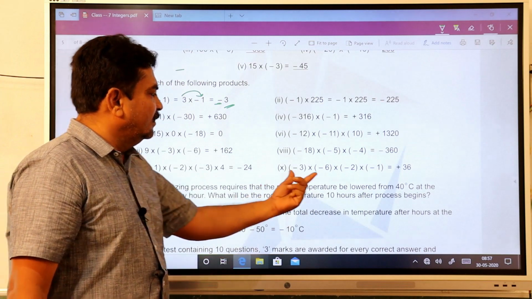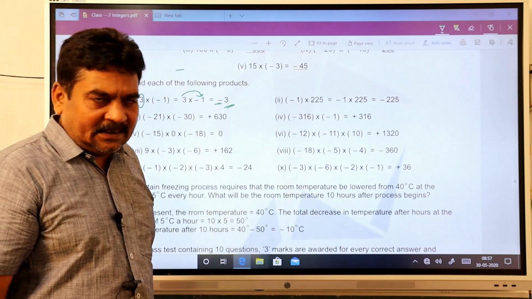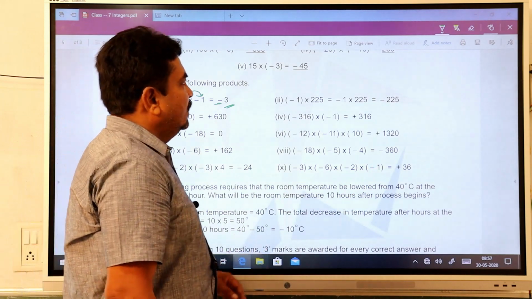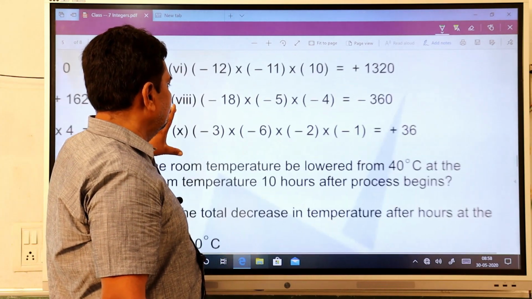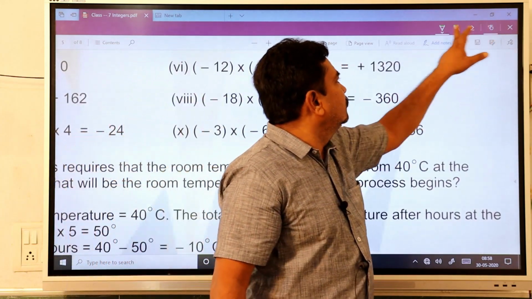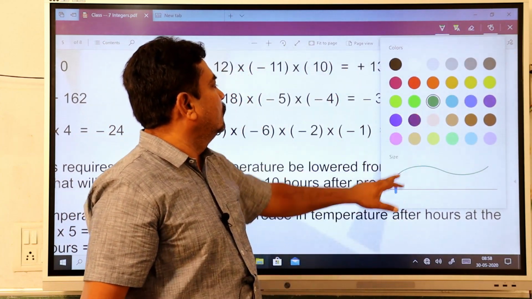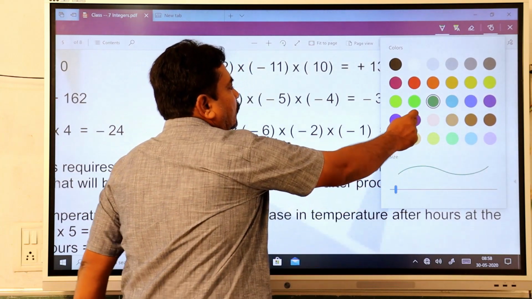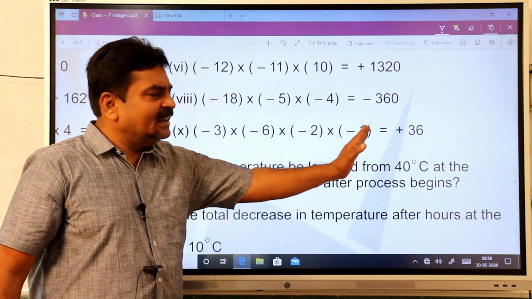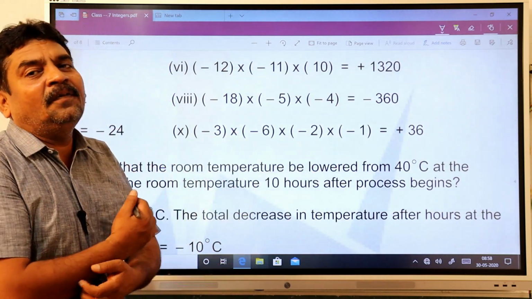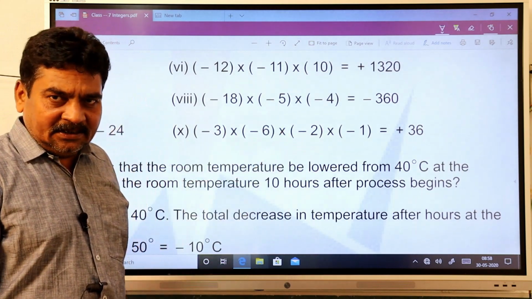I'll just explain this one because this is a series of integers here. I'll zoom it a little bit and I'll explain so that you can understand. Here, a series of integers are there. You have to find the product because you have multiplication in between the integers. So it is very easy.